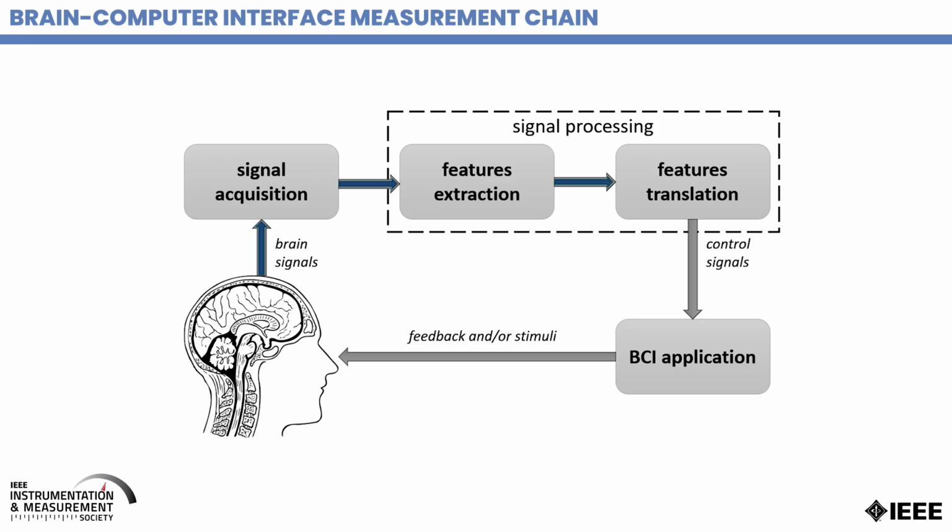The first step is a feature extraction step, and the second one is a feature translation step. In this way, we are synthesizing the signals into some features that are representative, and then we associate these features with a meaning, and this meaning allows us to control or to communicate with a BCI application. And the BCI application gives feedback to the user, which is feedback in terms of sensory feedback, which could be a visual one, an auditory one, or a haptic one, for example.